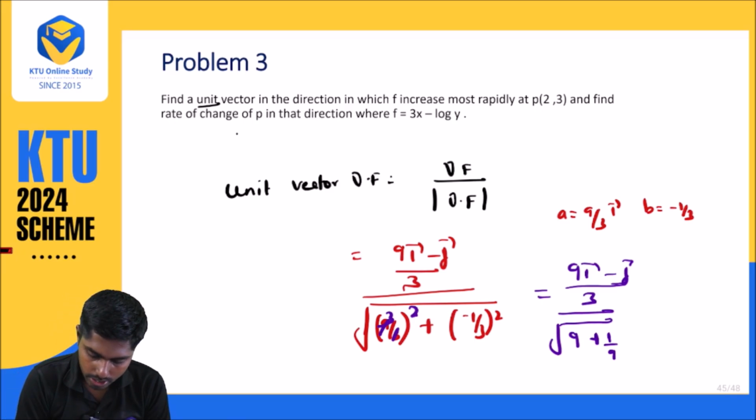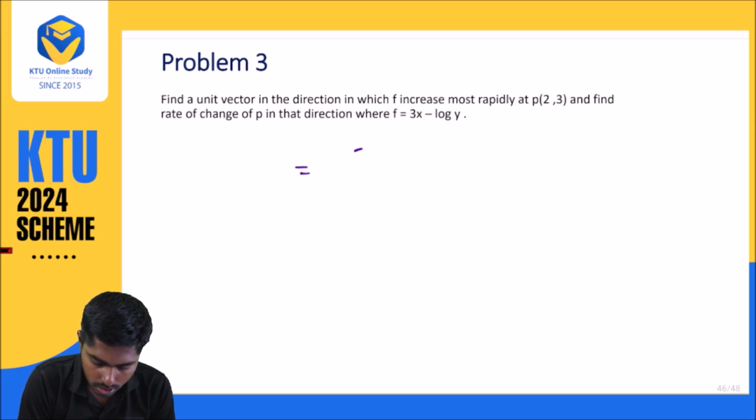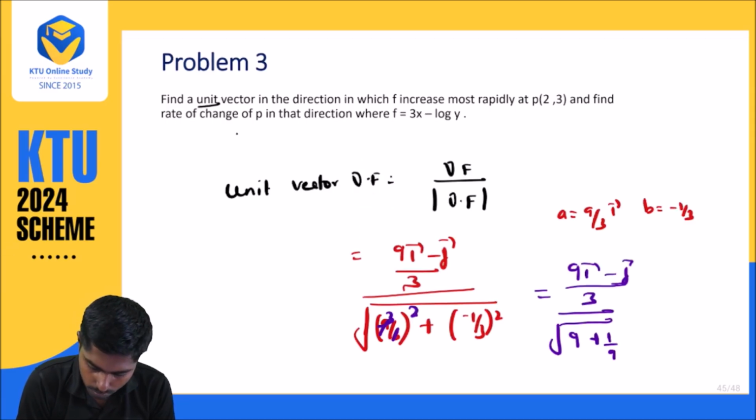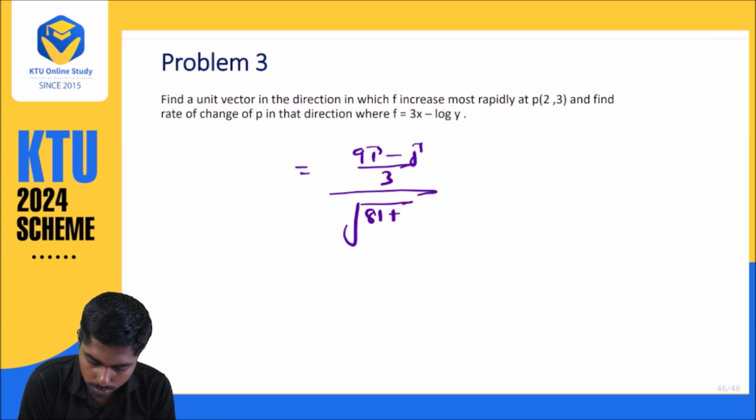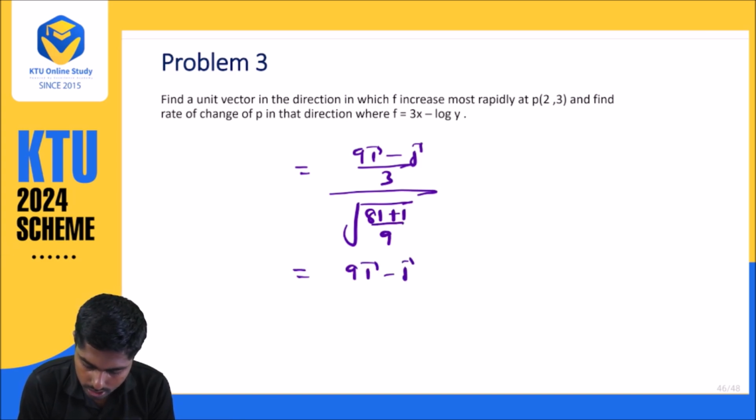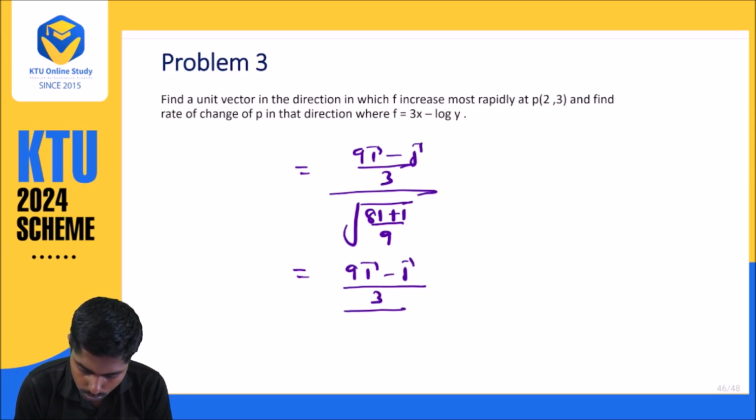Taking LCM, we get 9i vector minus j vector divided by 3, divided by root of (81 plus 1) divided by 9. So we get 9i minus j divided by 3, divided by root 82 divided by 9.